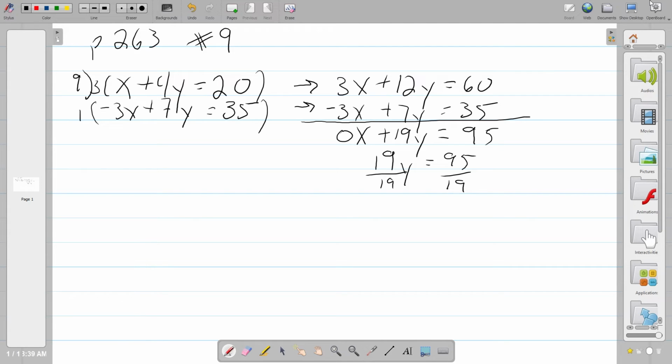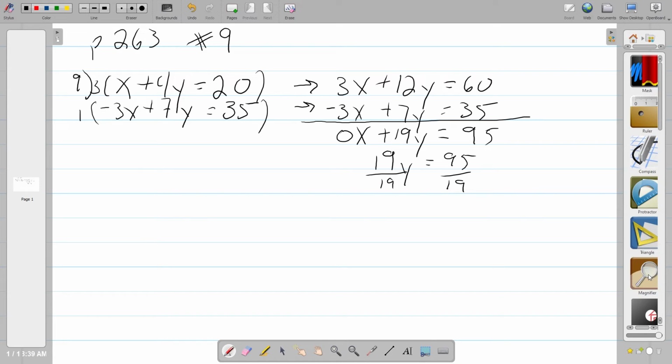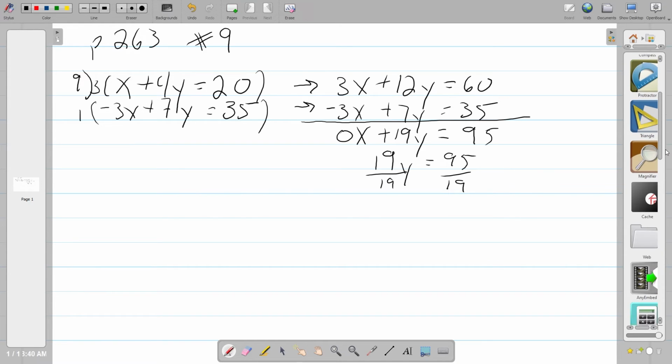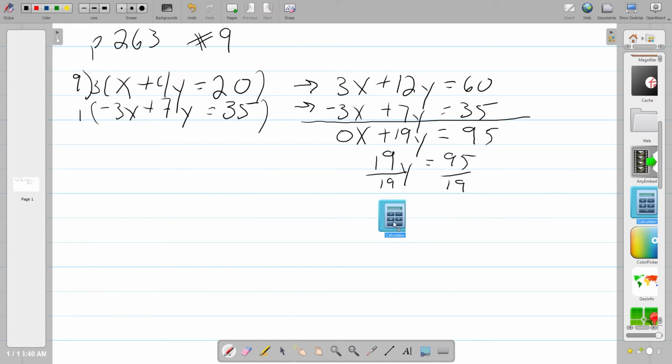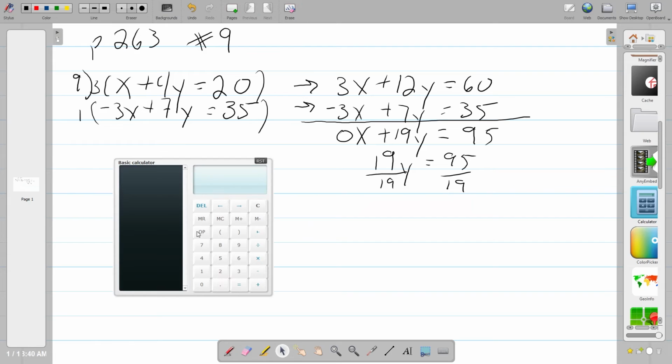Which I believe we have one in here. Applications, compass, ruler, mask, magnifier, calculator. Boom.